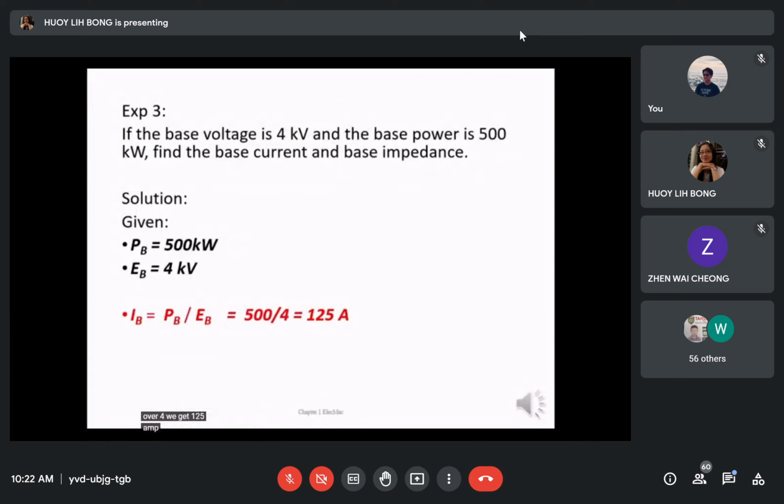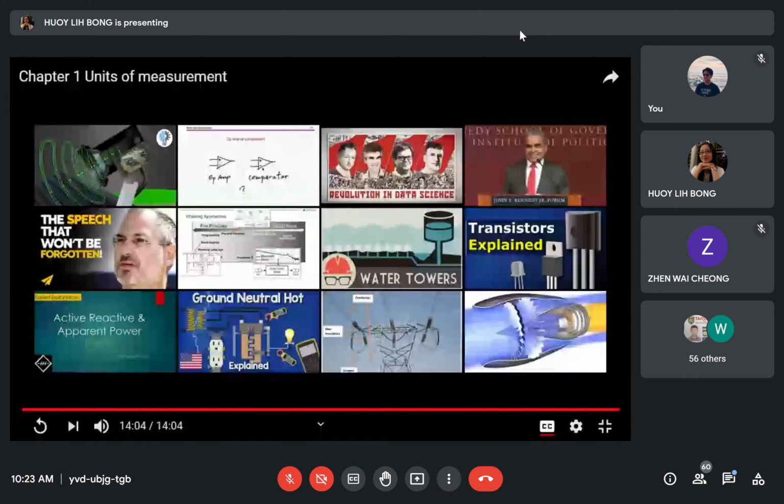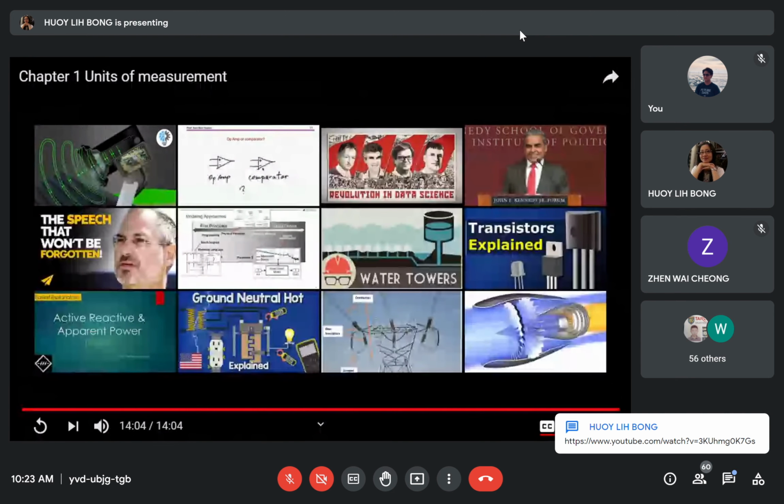To find the base impedance, we need to divide the voltage over current, which is 4000 divided by 125. We get 32 ohm. Okay, finish with the unit of measurement.